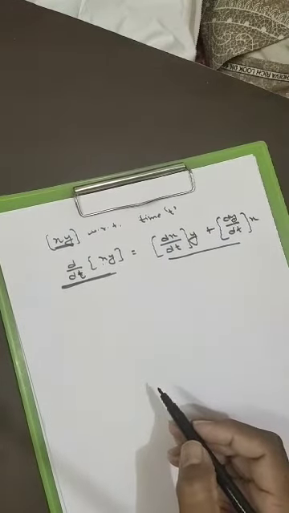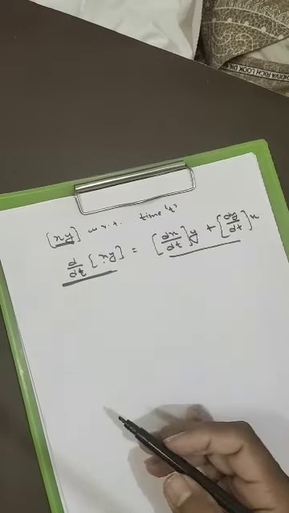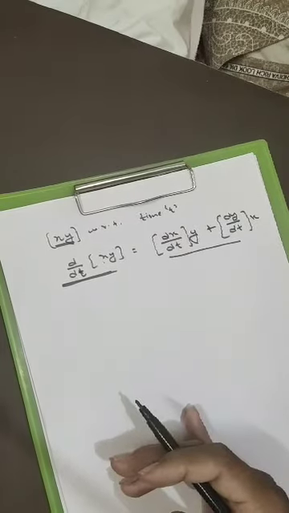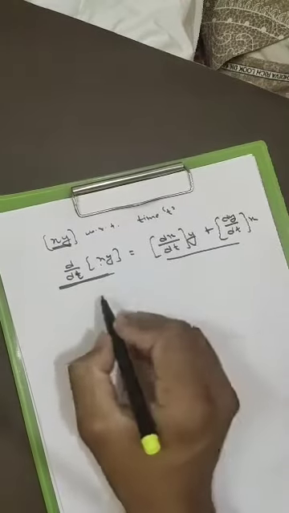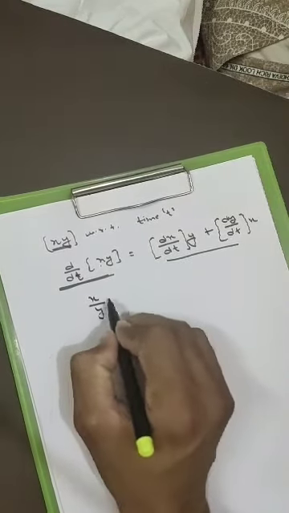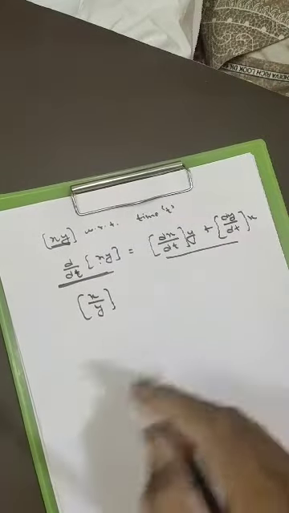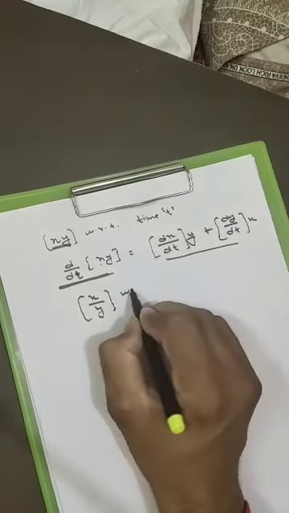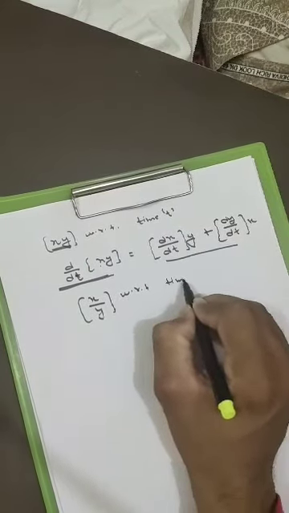Next is the differentiation of two quantities which are variable with respect to a third quantity and they are in ratio, x by y. These are two quantities which are variable with respect to any third quantity, for example time t.